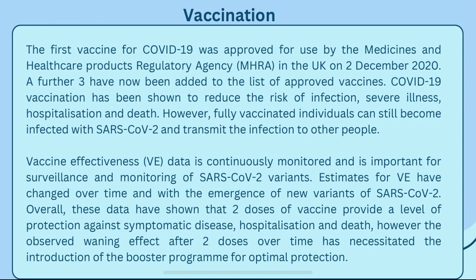Overall, these data have shown that 2 doses of vaccine provide a level of protection against symptomatic disease, hospitalization, and death. However, the observed waning effect after 2 doses over time has necessitated the introduction of a booster program for optimal protection. So 2 doses are not enough.